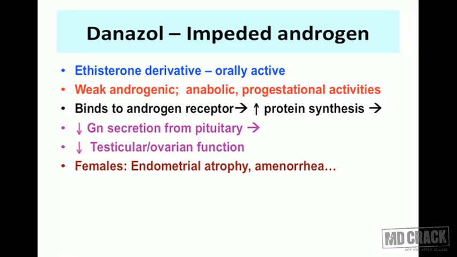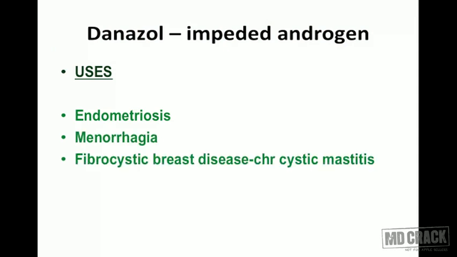So in females it leads to endometrial atrophy and amenorrhea. Uses, obviously we use it for managing endometriosis and menorrhagia and fibrocystic breast disease, that's chronic cystic mastitis. It's also useful to treat hereditary angioneurotic edema. These are important uses of Danazol.